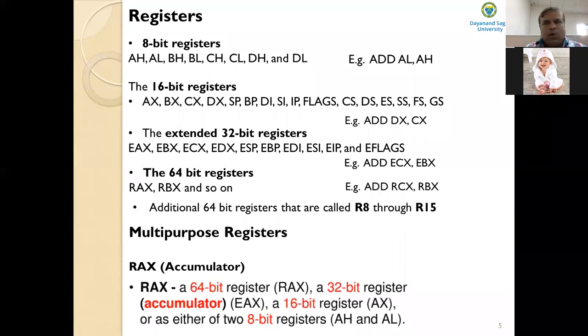So this programming model contains, as I said, the 8-bit registers, 16-bit registers, the extended 32-bit registers, and the 64-bit registers. Okay, and what do you mean by register? Anybody? Students? What do you mean by register?